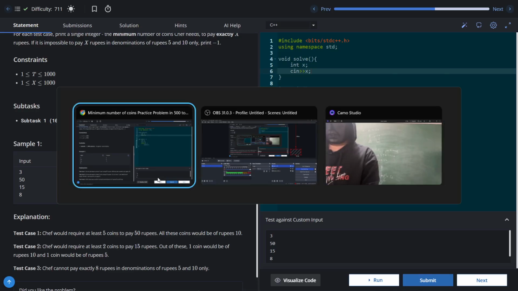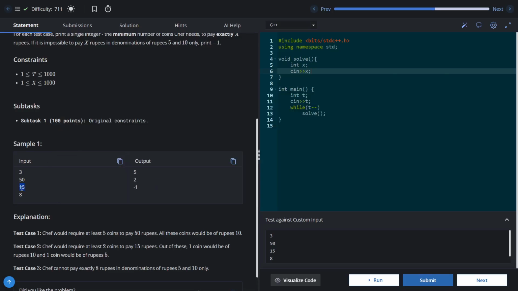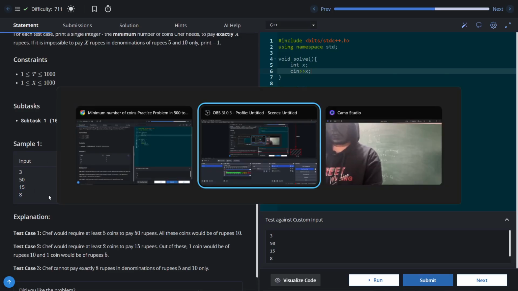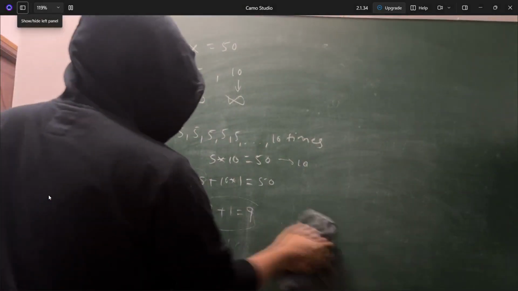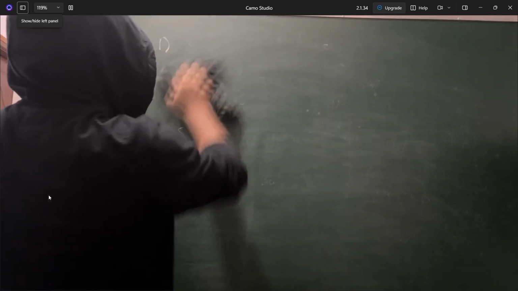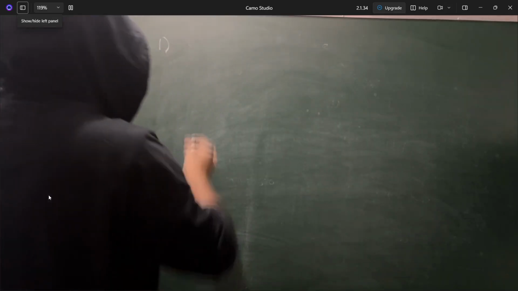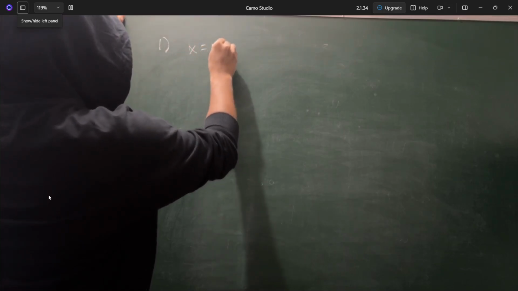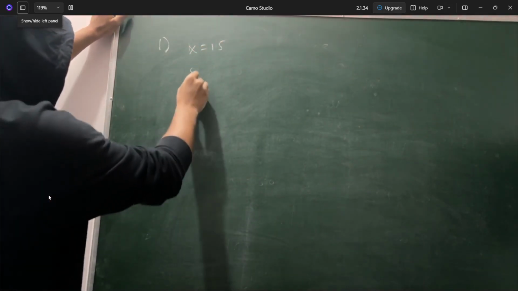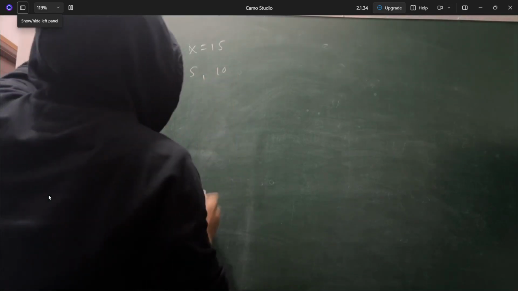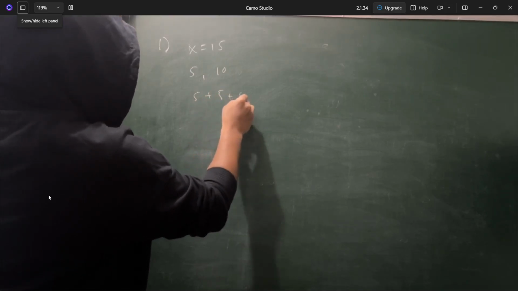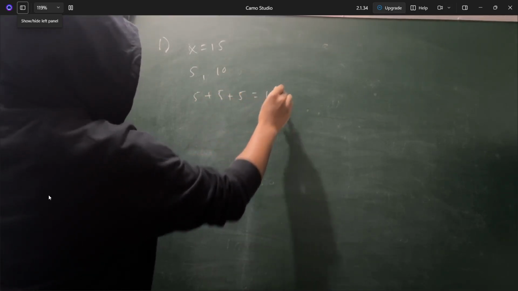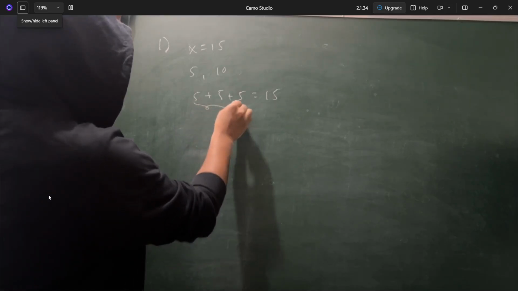So let me take you to the second example, 15 we have. So let's take this, and I'll be telling you how we solve this. 15 rupees he'll have to pay by taking 5 rupee coins or 10 rupee coins. Now let's say he gives 5 rupee coins to someone, so that is basically 15 rupees, but he's paying 3 coins.